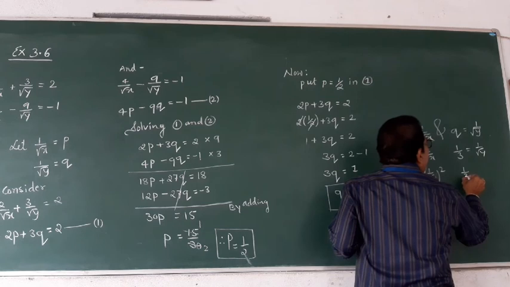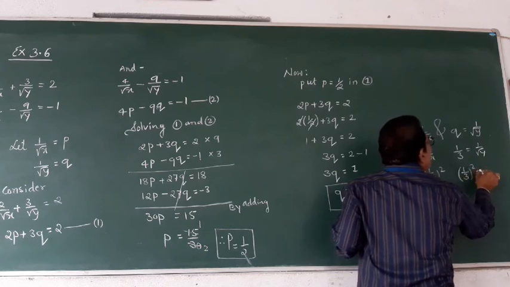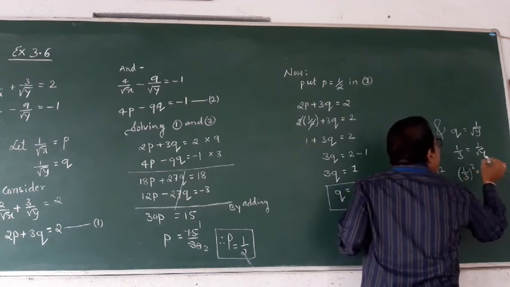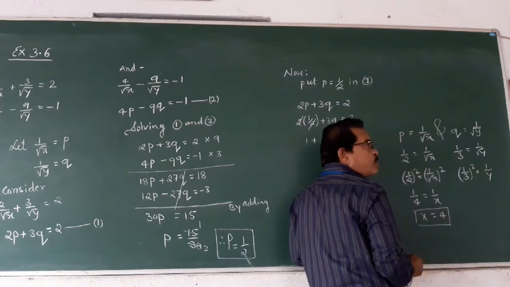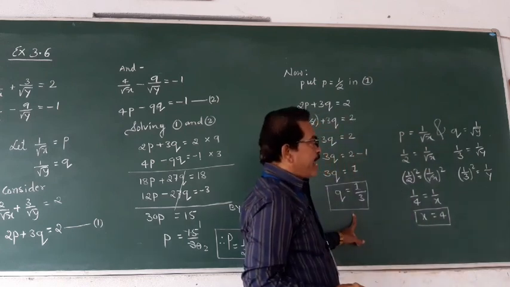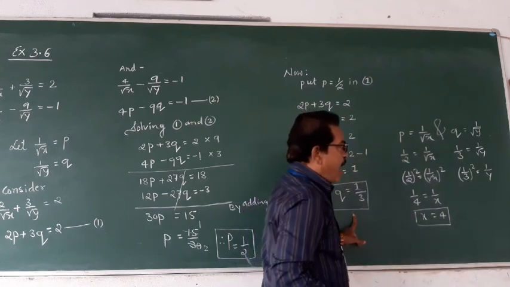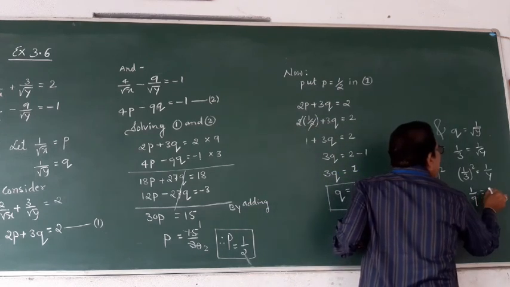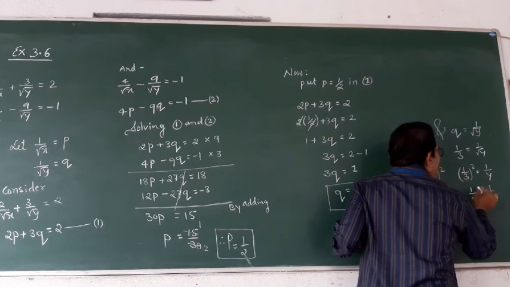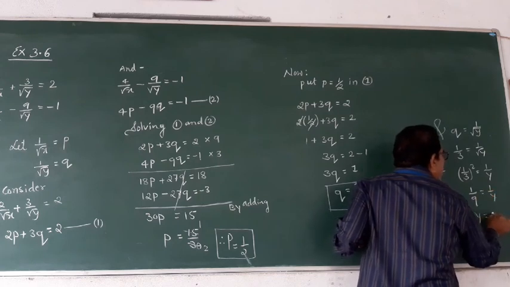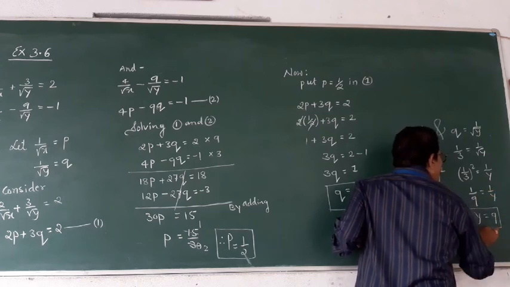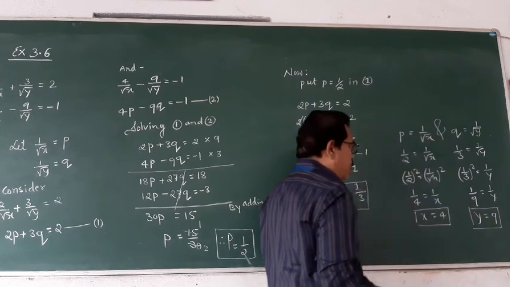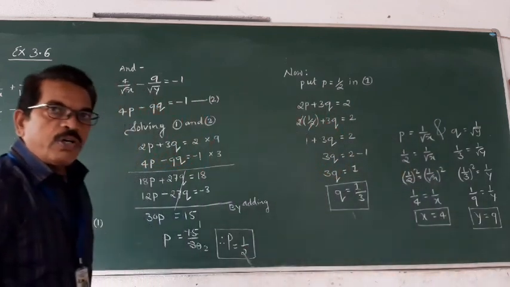Similarly, squaring both sides, 1 by 3 whole square equals to 1 by y. When root squares, that equals to rational number, that is 1 by y. So 1 by 9 equals to 1 by y. y ones are y, equals to 9 ones are 9. See, x equals to 4, y equals to 9.